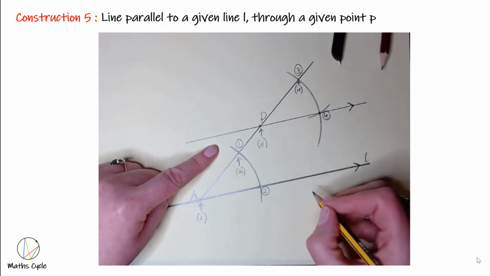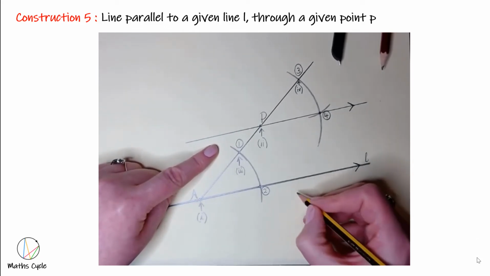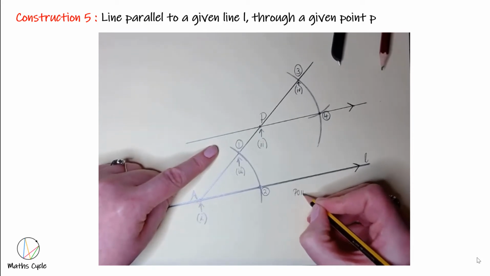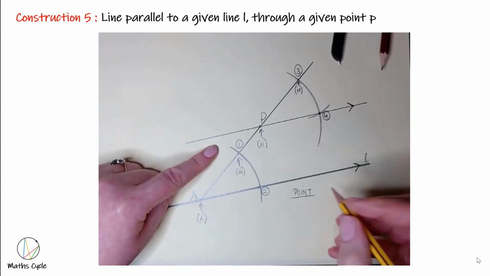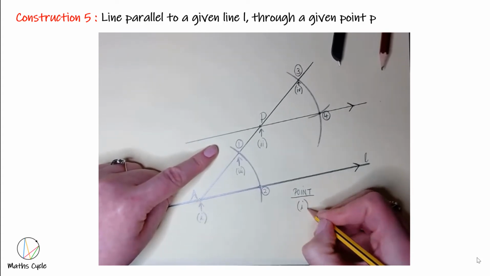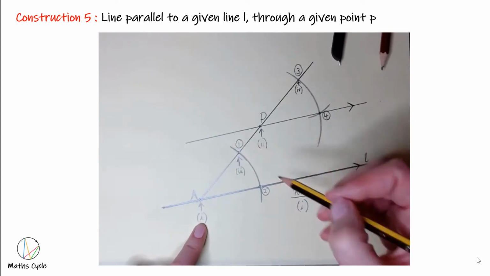So anyway, let's recap because I think this is a hard one. This is where I put my point. First of all, we put our point here and we make the arcs 1 and 2.